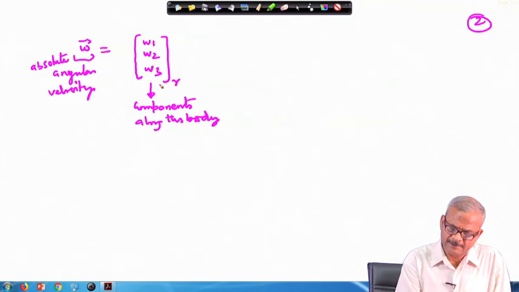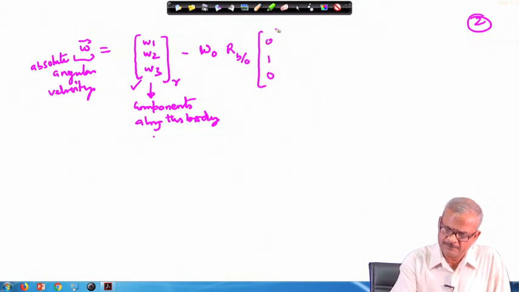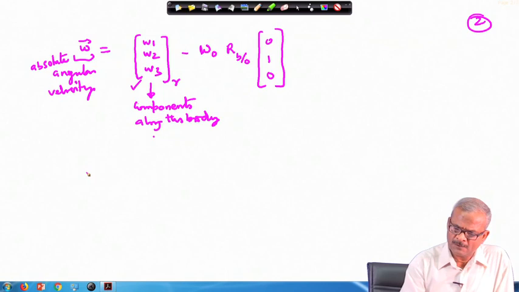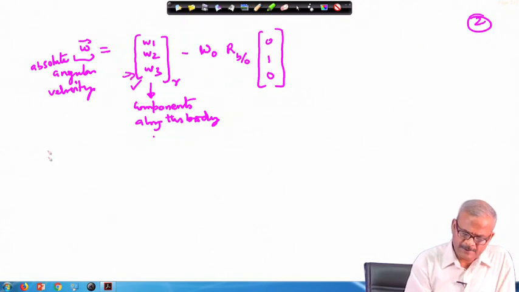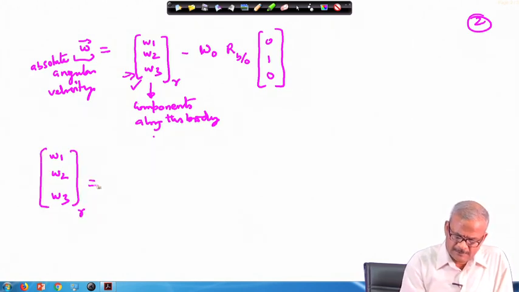We need to convert them in terms of the Euler angles, so we need a proper change here also, and this we have already done. I will come back to that again. So here there is omega 0 and then you have R B O times 0 1 0. Let us take first this part, omega 1, omega 2, omega 3 r.